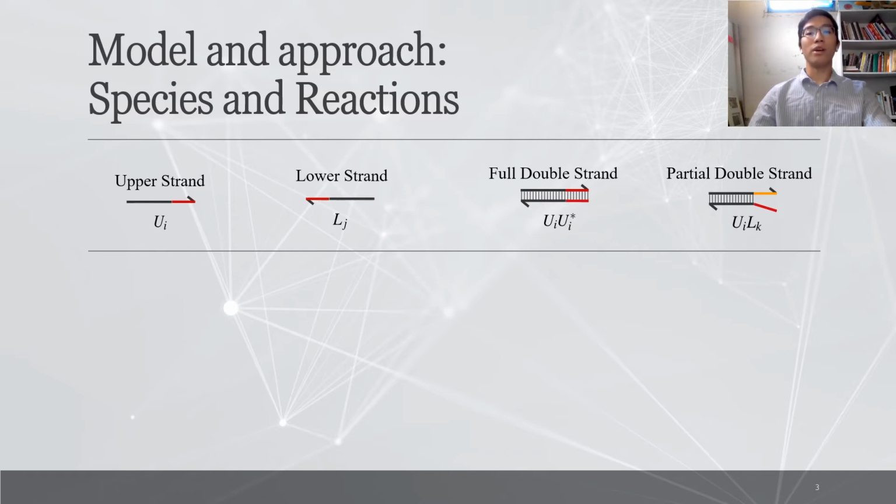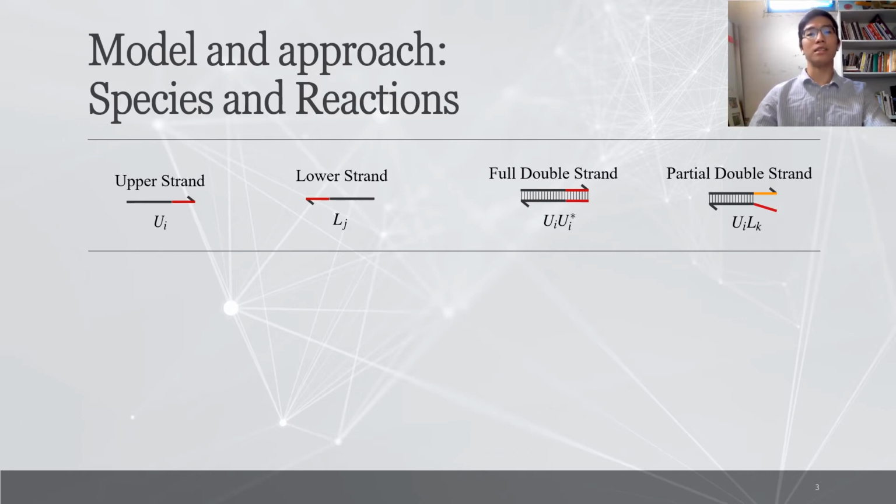The full double strand is similar to a perfect Watson-Crick DNA double strand, in which all base pairs of the corresponding upper and lower strand are complementary. The partial double strand is pretty similar to the full double strand, but only a substring is binding together.